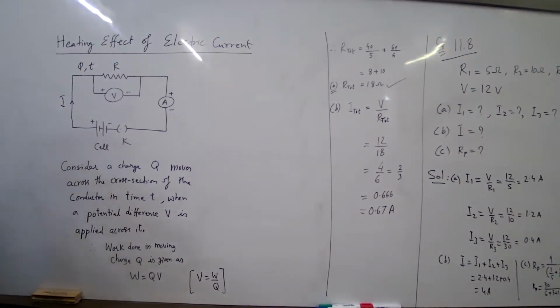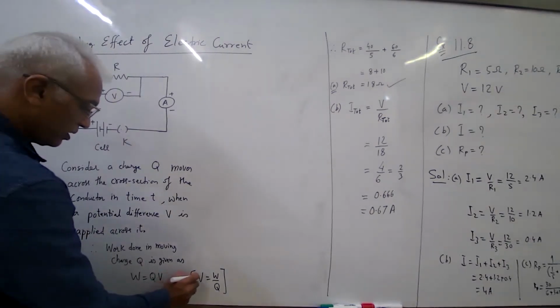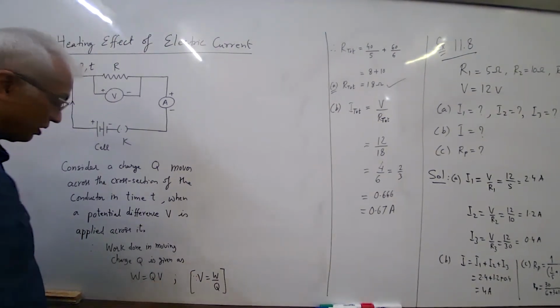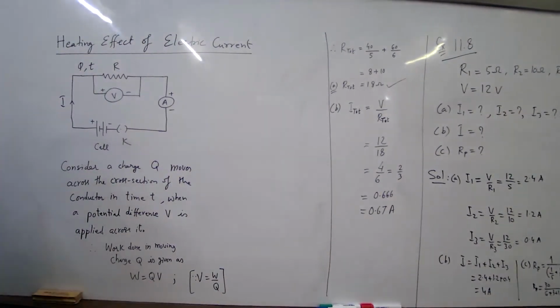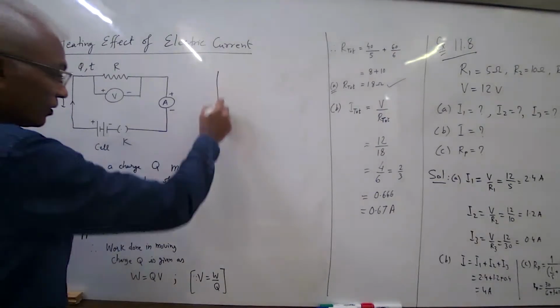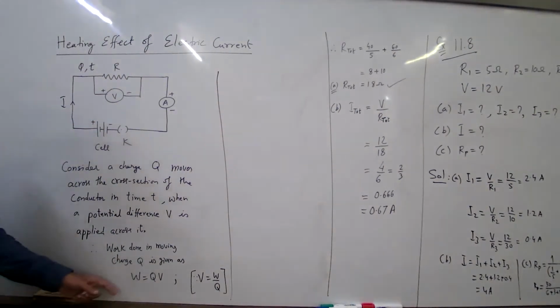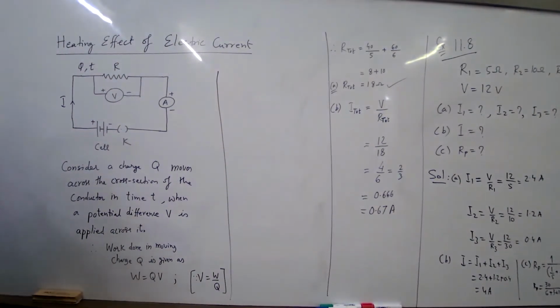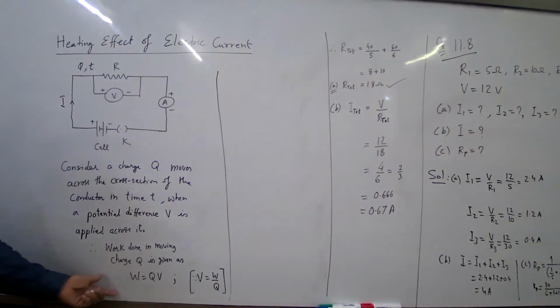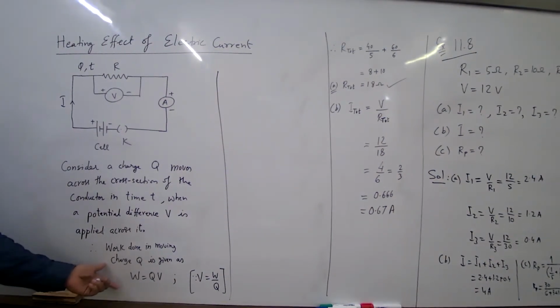Since we know that V is W by Q, therefore W will be QV. Correct? So this is the work done against the collision. This work done itself is energy spent.